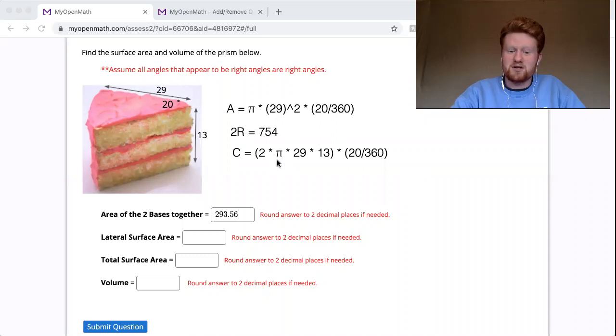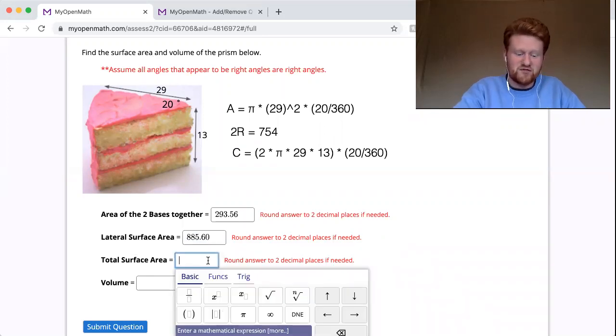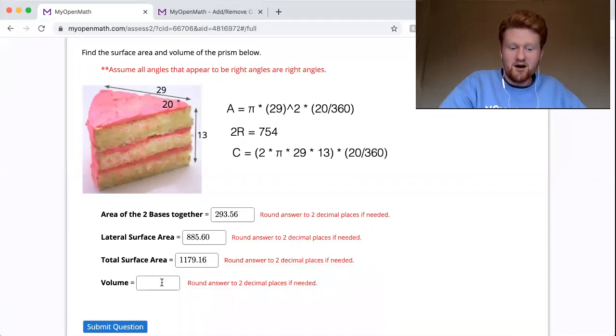Now we want to add that result to the area of the rectangles to get all three of those lateral surfaces. And that will give me a grand total of 885.60. So for the total surface area, we want to add the lateral surfaces plus the area of the two bases, and that'll get us 1,179.16.